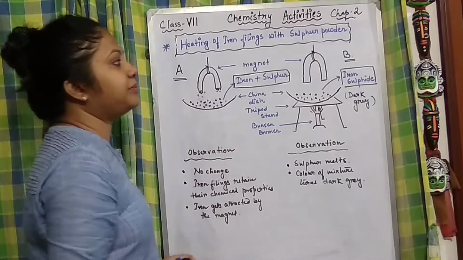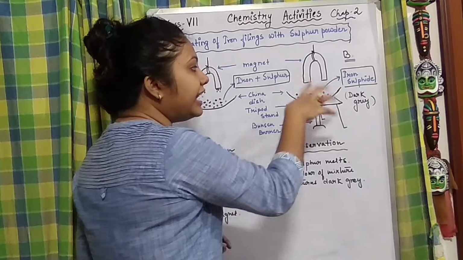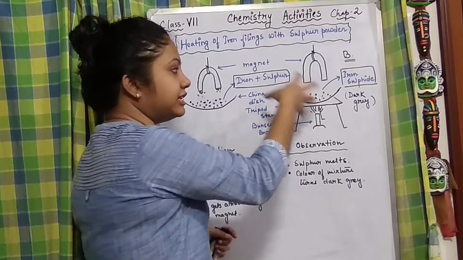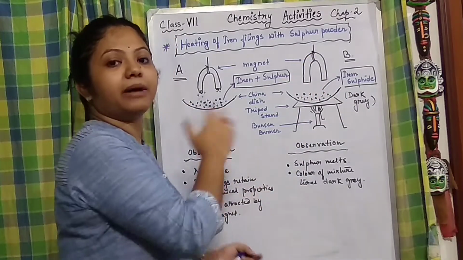Now coming to set B, what we are going to observe is that nothing from this mixture is going to get attracted by the magnet.